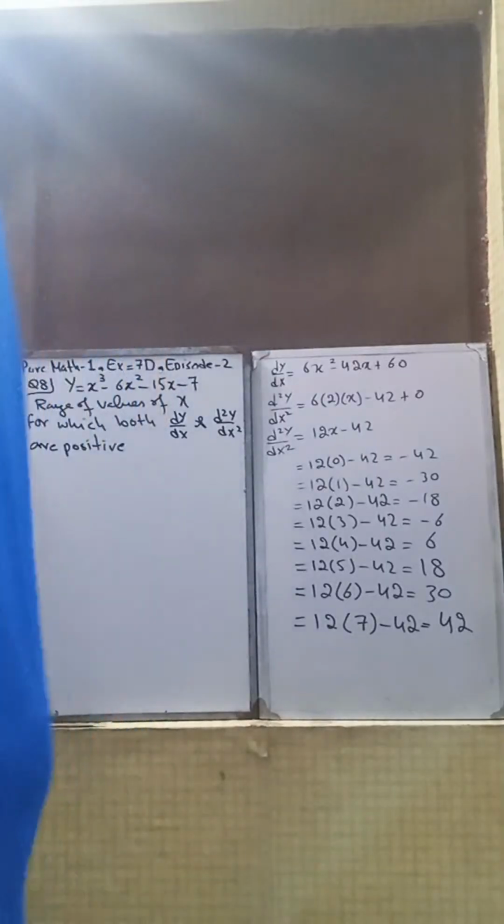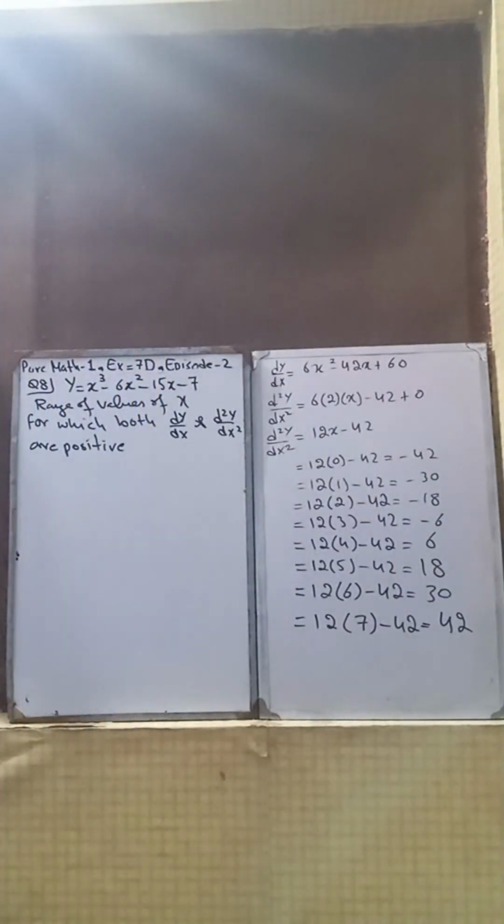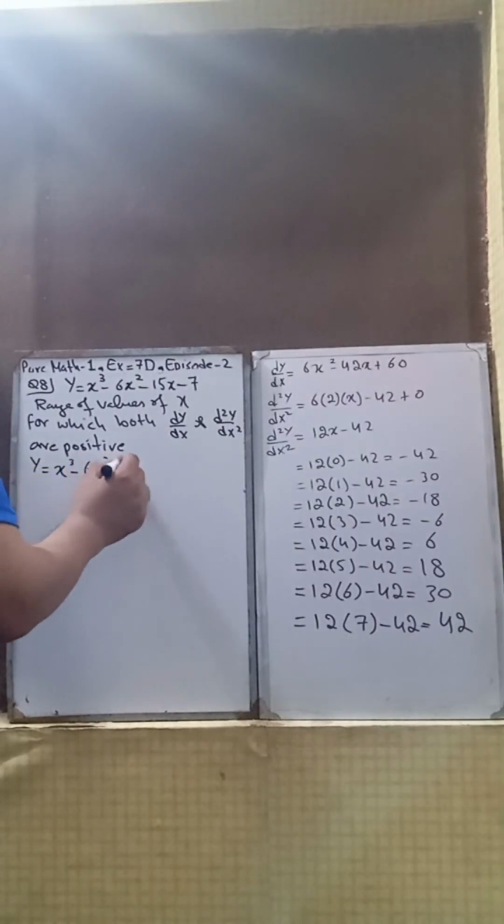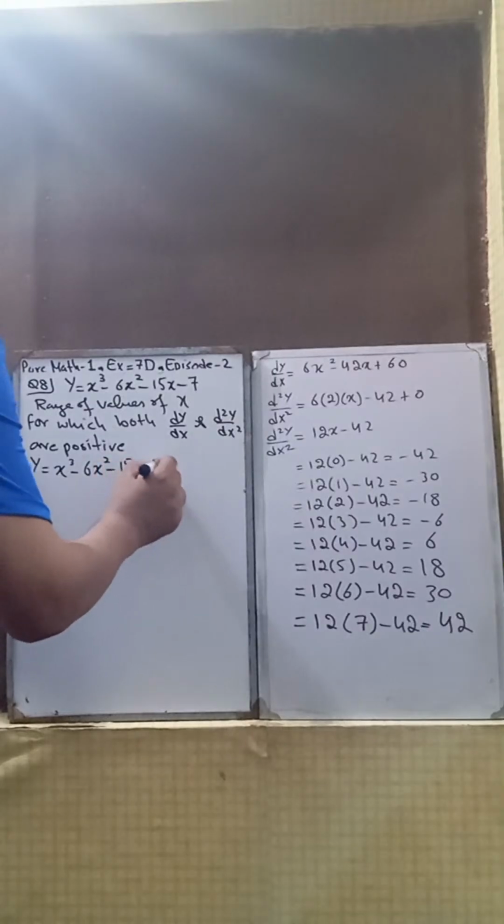So the first thing is very easy. Then we have to apply the concepts of the function. So let me solve this first. y is equal to x cube minus 6x square minus 15x minus 7.